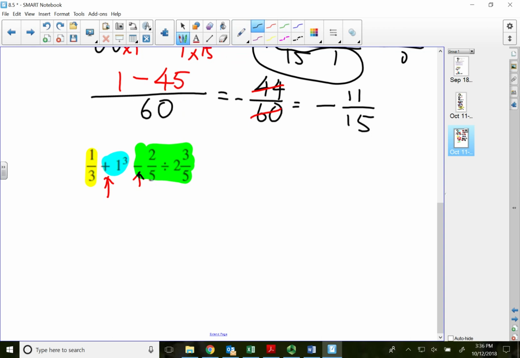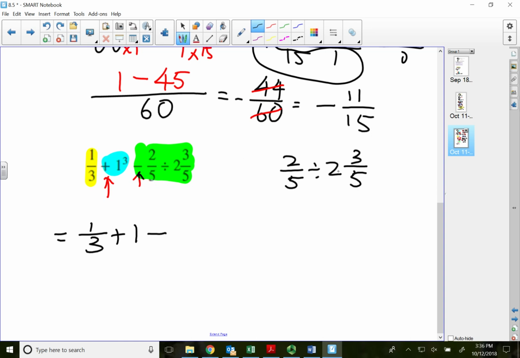See, the first term is just 1/3, no operation. Second term, positive 1 to the third power means 1 times 1 times 1, which is still positive 1. So now the third term, all right, negative 2/5 divided by a positive 2 3/5. Negative divided by positive number is going to be a negative answer. So I'm just going to focus on the fraction part. 2/5 divided by 2 and 3 over 5.